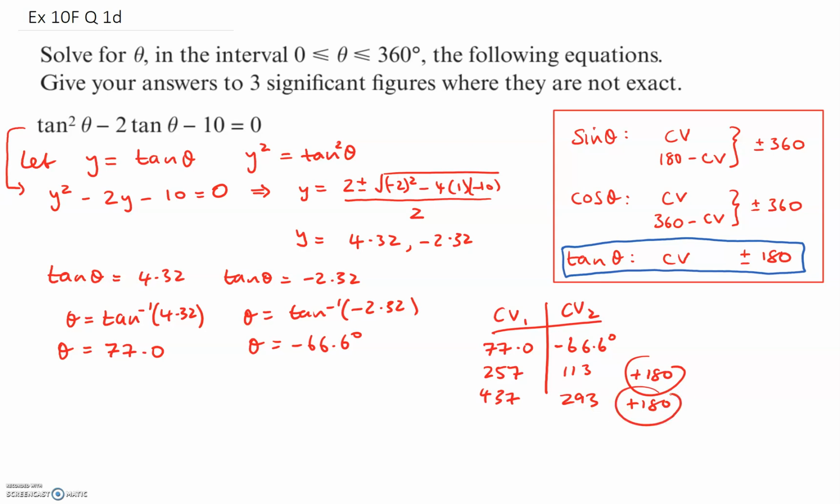Now if I look at all of these, I think there's some that are in the range. If I keep going, if I add 180s, I'm going to go outside the range. So I'm going to cross out the ones that are not between 0 and 360. So that's this, and that's this. And the other four are valid solutions because they are all between 0 and 360 degrees.